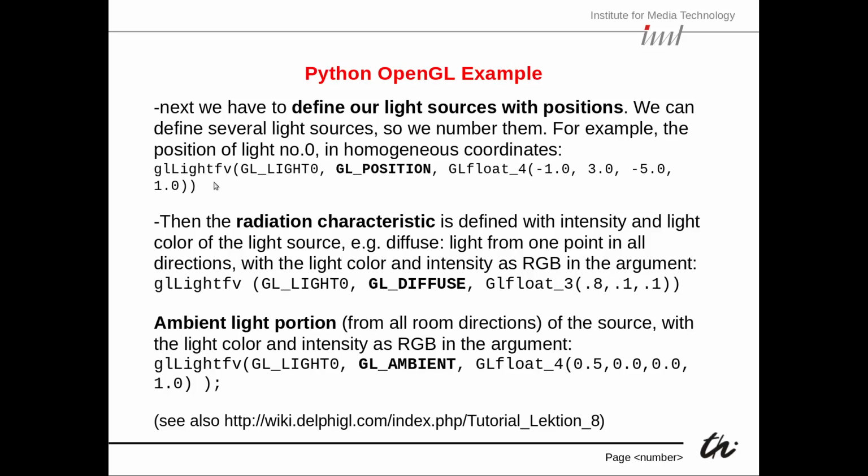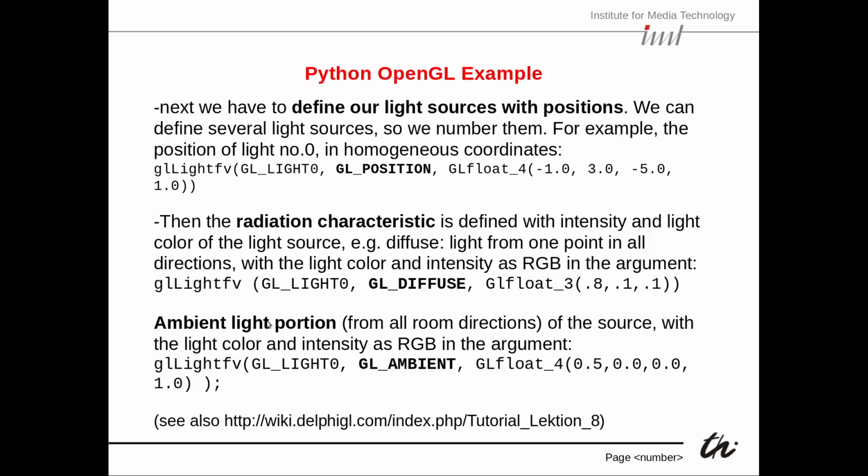Here we start with the same function, GL light float vector for light 0. Here we define its diffuse, so light goes into all directions. And here's the light color. So here we have RGB, so this is mostly red and a little bit green and a little bit blue.